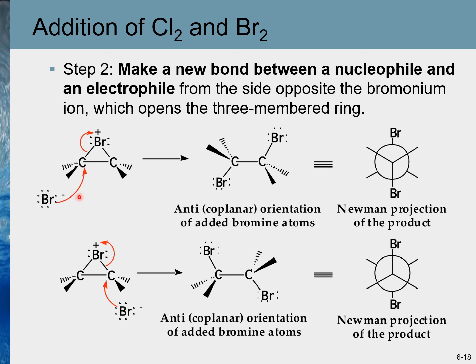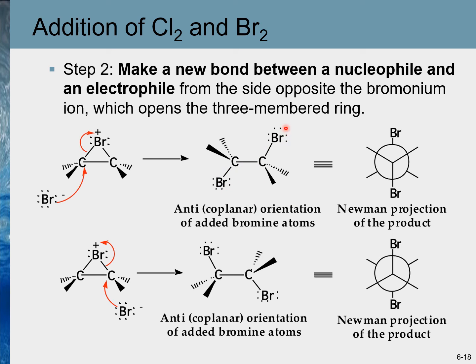So therefore we get 50% product in which the geometry is R and another 50% is the product in which it is S. So in other words, it's a racemic mixture.